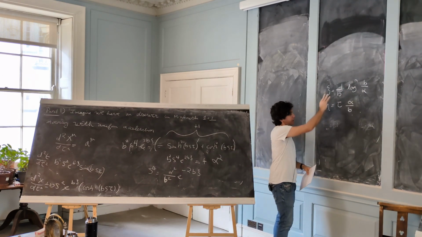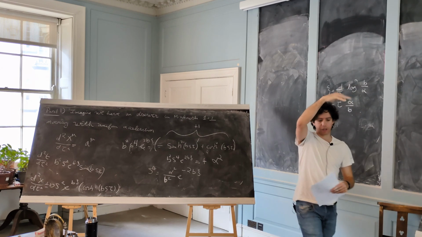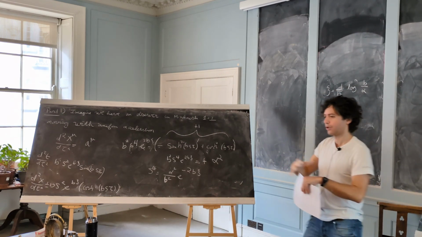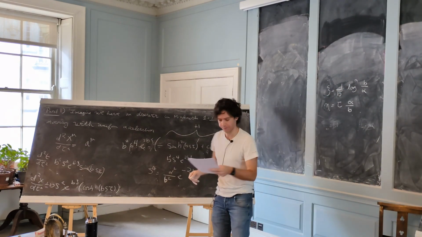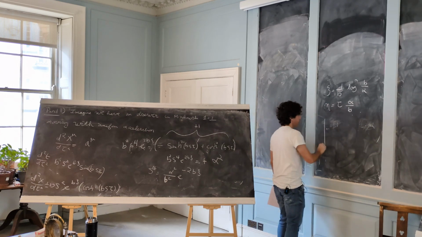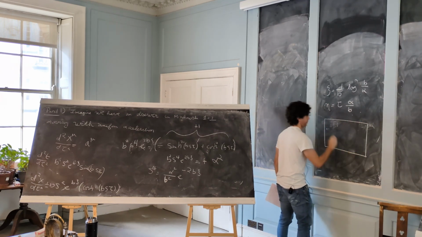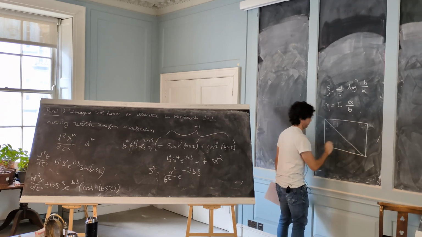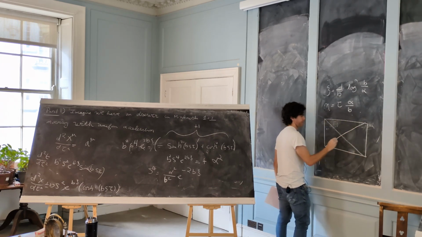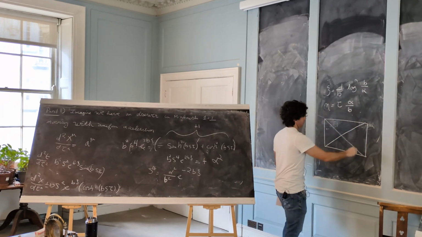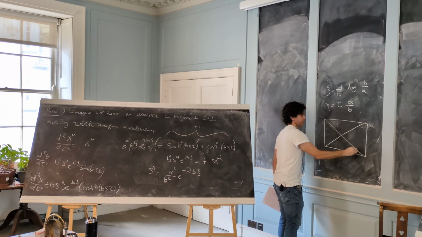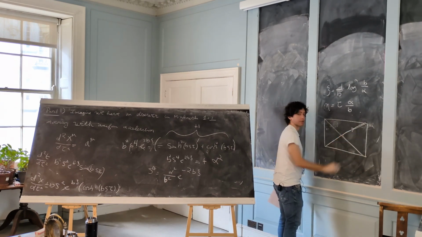So these coordinates actually fill... We can use them to fill Minkowski space. So let me draw the Penrose diagram for you. So an observer at xi equals 0 would be this trajectory right here in Minkowski.